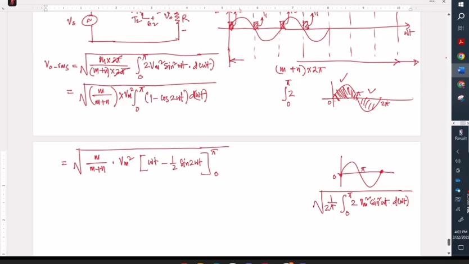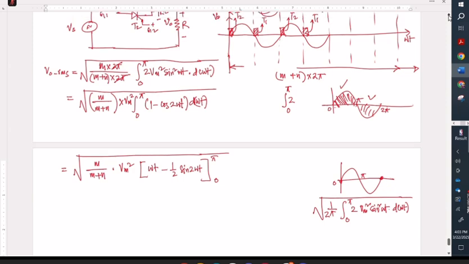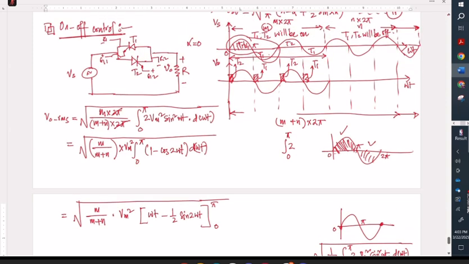So what was my total area during this portion? The total area was m plus n multiplied by 2 pi, right? Yes sir.